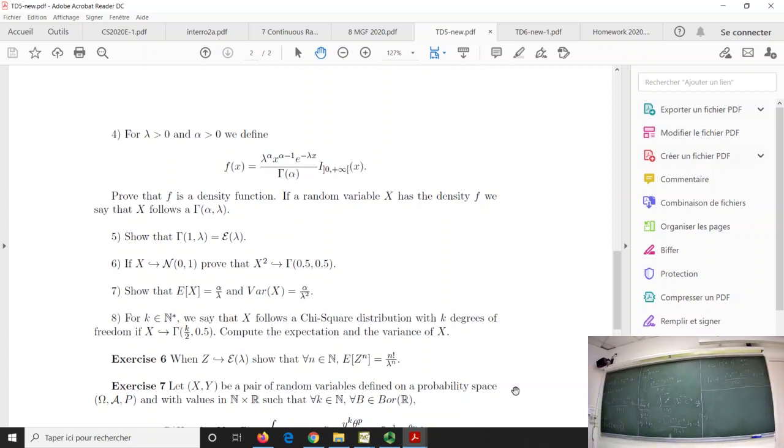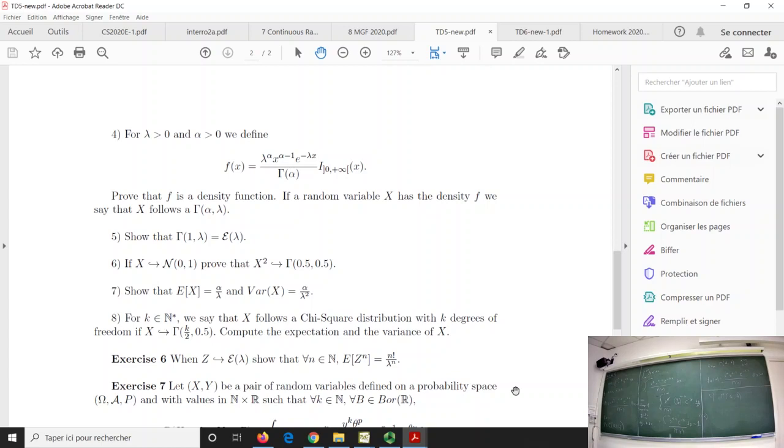Okay, so first of all, it's question 5. I am interested in the gamma of parameters 1 and lambda, and I just have to check that in fact this distribution is none other than the exponential of parameter lambda. What I have to do here: I have the density of a gamma of parameters alpha, lambda.